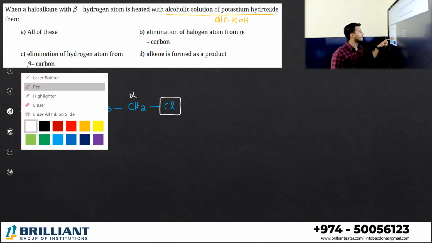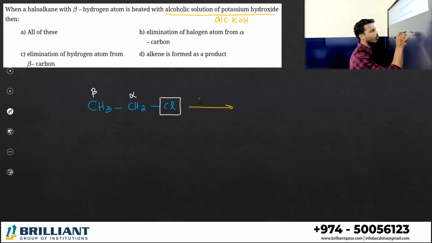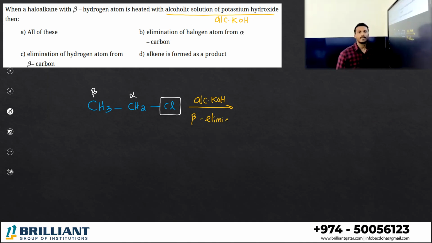What is meant by what we are treating here? Alcoholic KOH. Alcoholic KOH is the purpose. Beta elimination. What is beta elimination? Take the chlorine from alpha carbon.